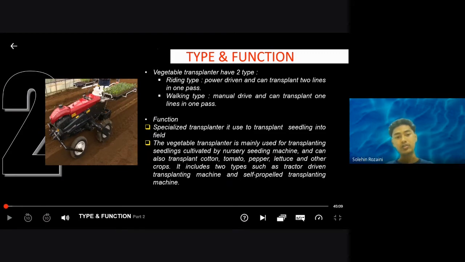It includes two types such as tractor-driven transplanting machine and self-propelled transplanting machine. This is for type and function, and also the riding vegetable transplanter has many models to use for crops.